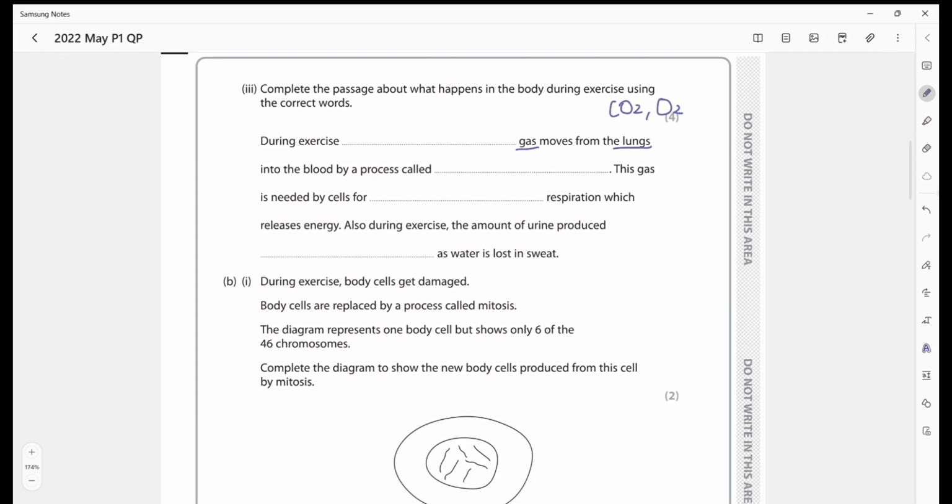But the gas that is moving into the blood would be oxygen. Oxygen moves from the lungs to the blood in a process called diffusion.